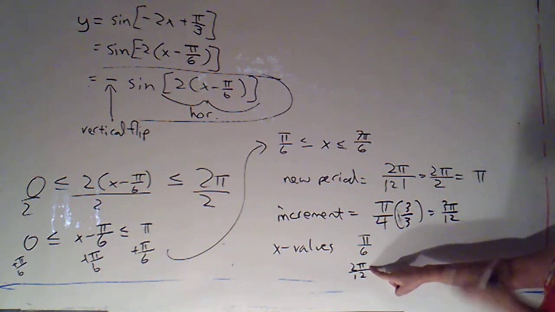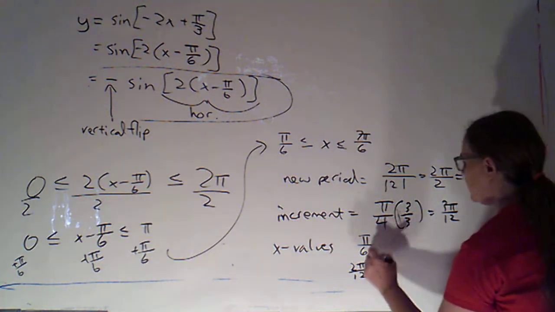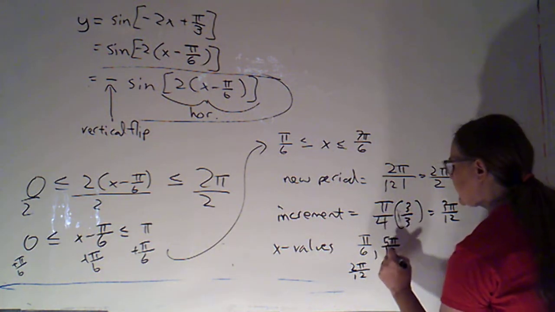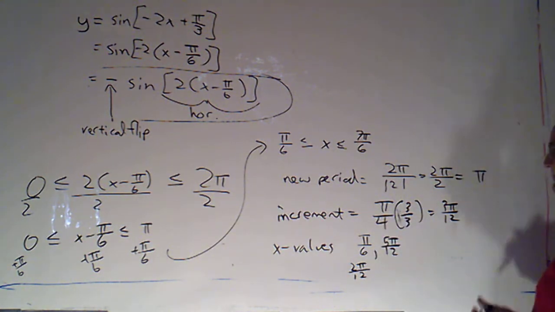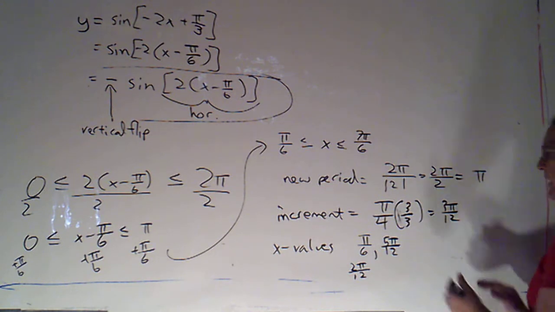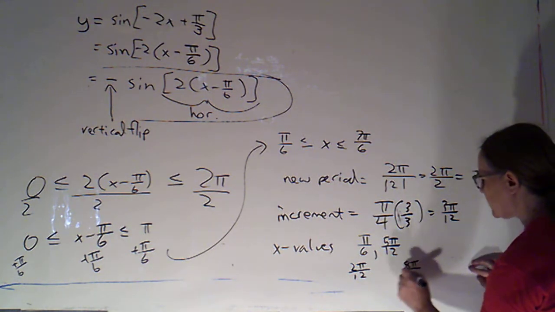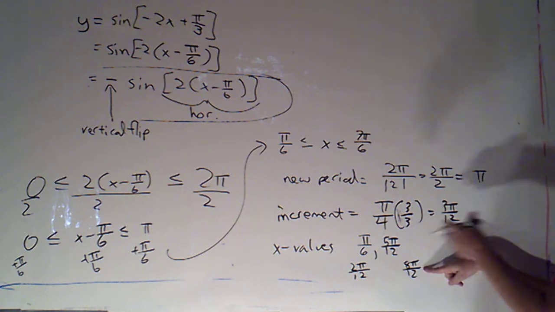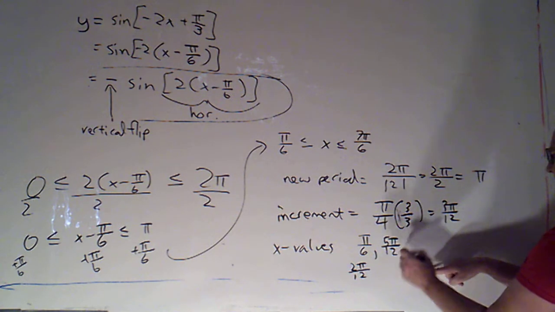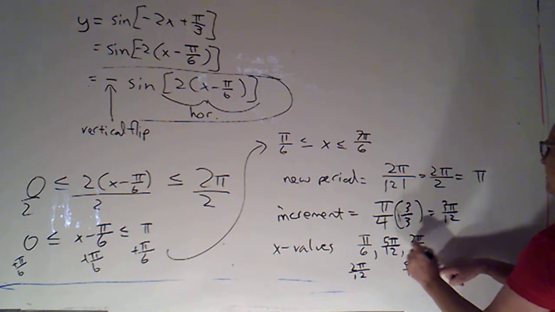So 2 pi over 12 plus 3 pi over 12 would be 5 pi over 12. That does not reduce. Okay. Plus 3 pi over 12 would be 8 pi over 12. Now I wrote that down here just because that does reduce. That's going to be 2 pi over 3.